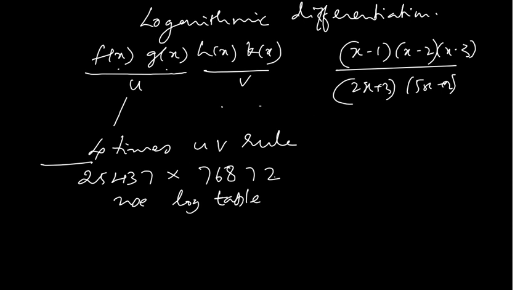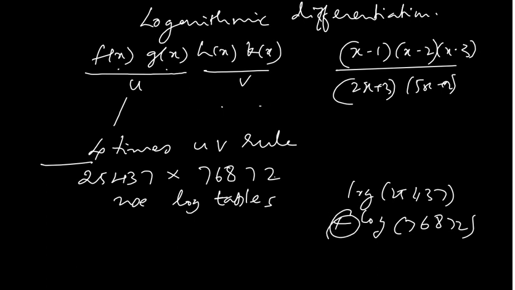So when you take a logarithm, you take log of 25437 plus log of 76872. You do the plus by doing the logarithms. Okay. So the usage of logarithms is to simplify the multiplication into an addition of logarithms. And that's the reason I'll give an example how this logarithmic differentiation is used to simplify.